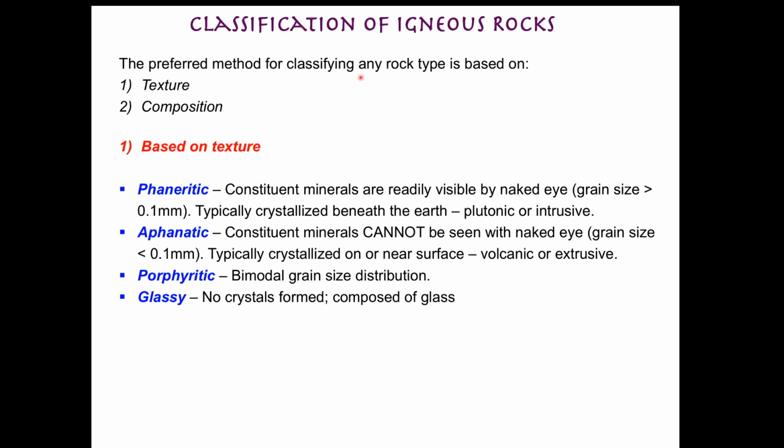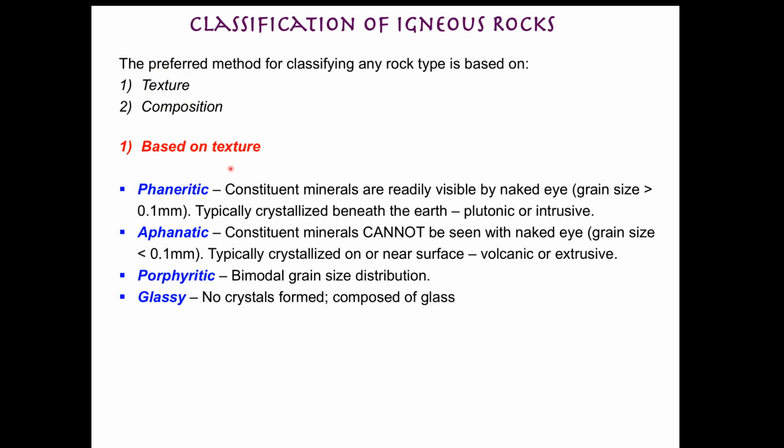The preferred method is based on texture and composition. Texture includes the grain size, the grain shape, and the relationship between the grains. Composition is based on the bulk composition of the rock and the mineral proportions of the rock.